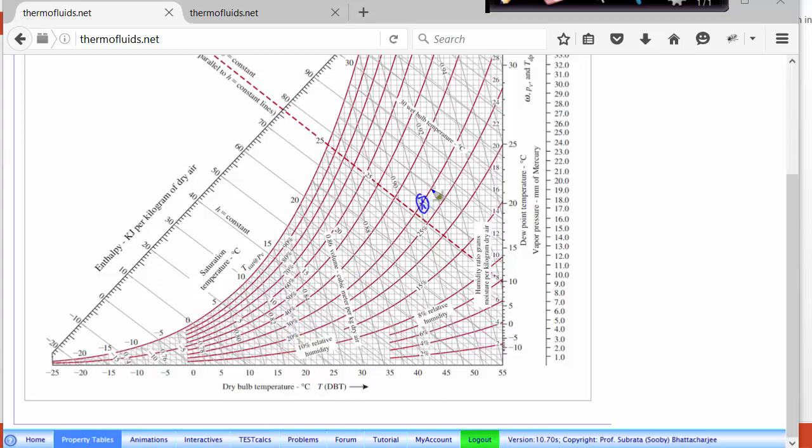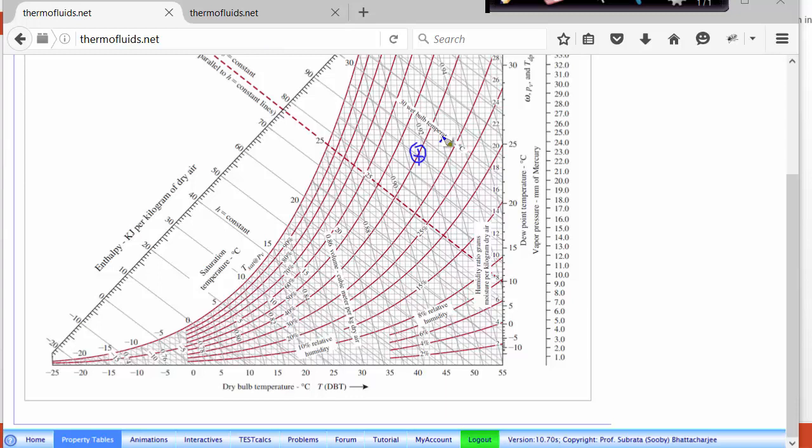Oops, this is not 40%, it's 40 degrees Celsius. So what is the 40% relative humidity line? Somewhere here. Actually pretty close to 90, where the value of enthalpy reaches 90, it seems like. So I'm just picking it there.